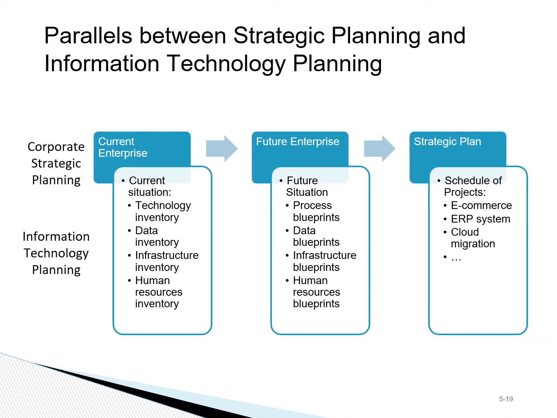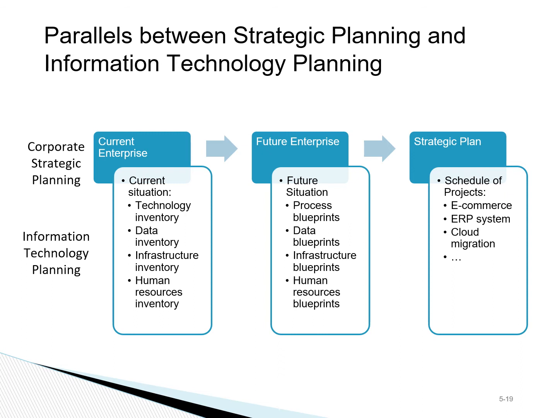Parallel to and in support of the corporate strategic planning process, we establish what the future state of IT needs to be, and compare that to the current state of IT.